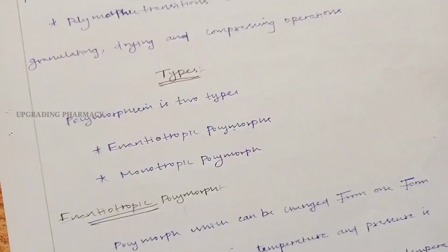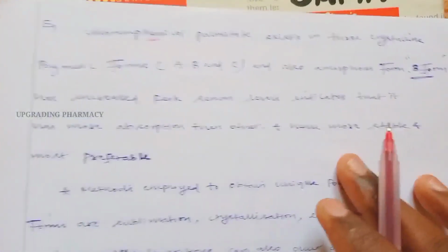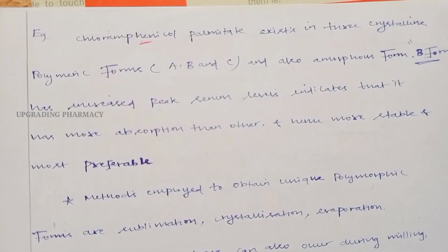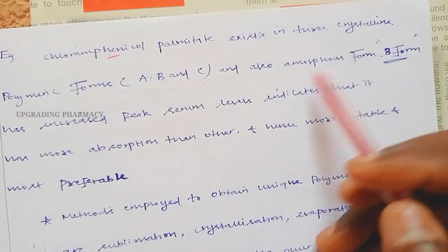Let's see an example to understand polymorphism, that is chloramphenicol. Chloramphenicol palmitate exists in three crystalline polymorphic forms, A, B and C. It also exists in an amorphous form.